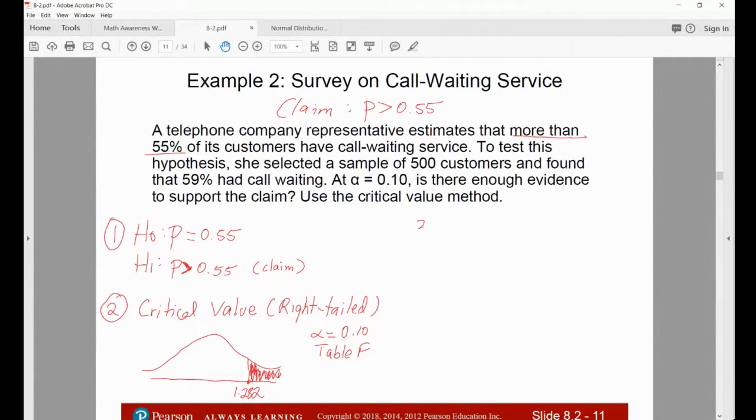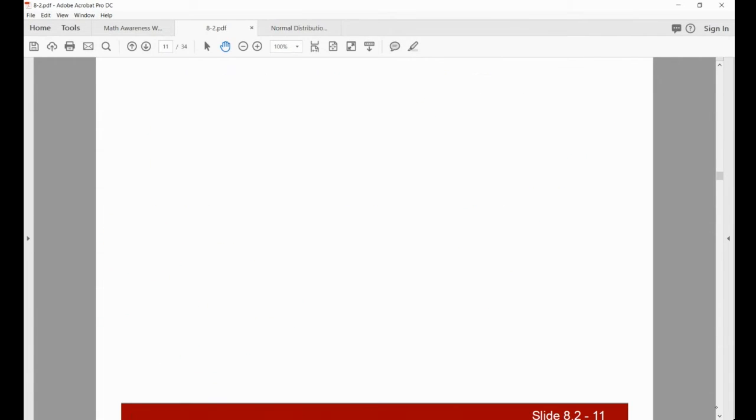What will be the next step? Now we find the test value, we use the formula. So far we haven't used the information in the sample, so now we need to use the sample to find the test value. So first we need the value of p hat, the sample proportion.